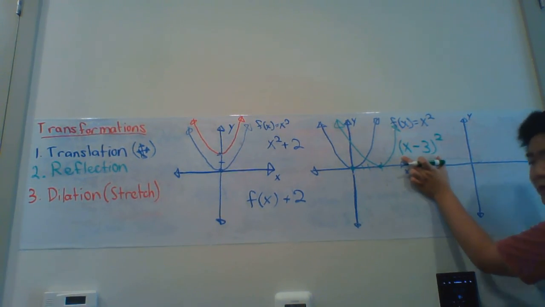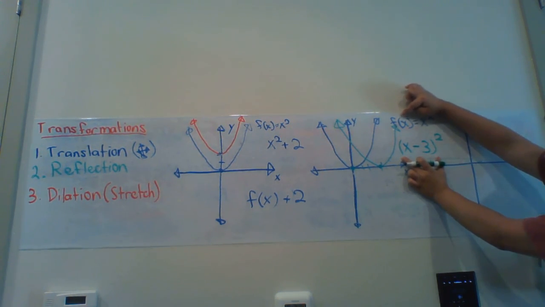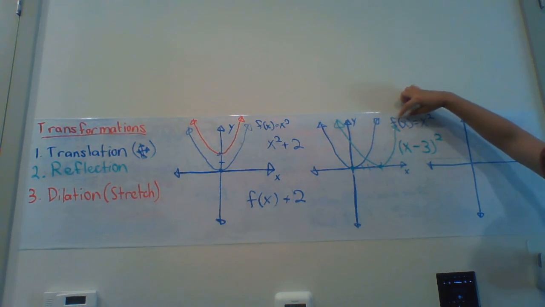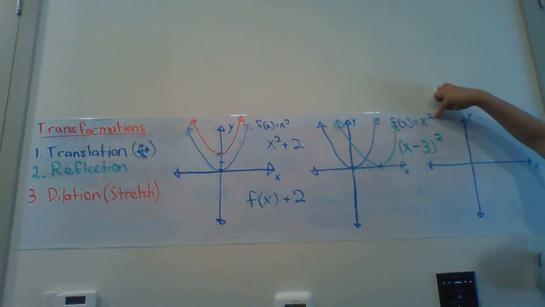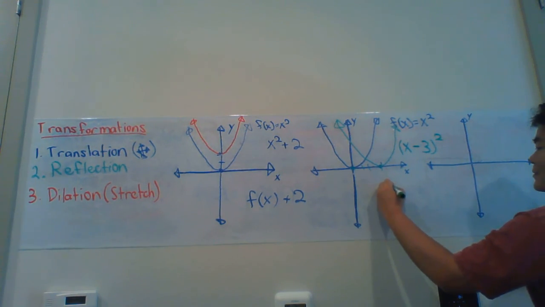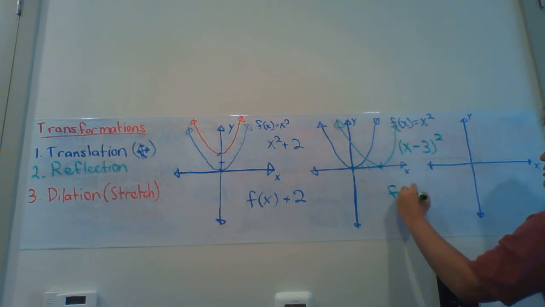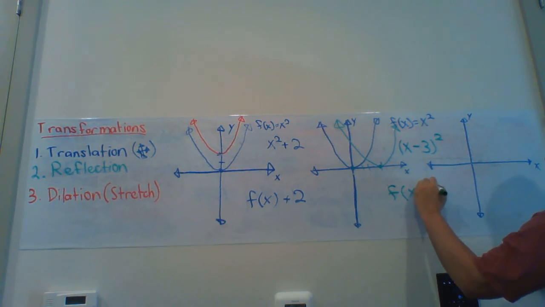Well, you see there's a parentheses in this one, right? And there's a parentheses in f of x too. And if you see that f of x, well, that's in the parentheses, and that means whatever's in the parentheses is squared, right? So in this case, that actually means I can do this.